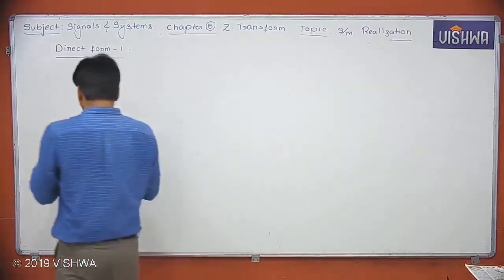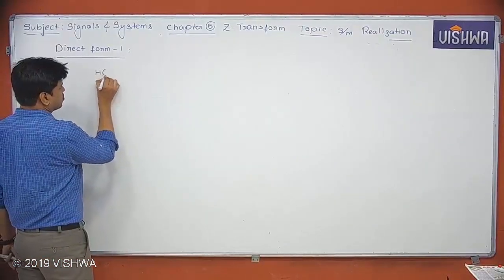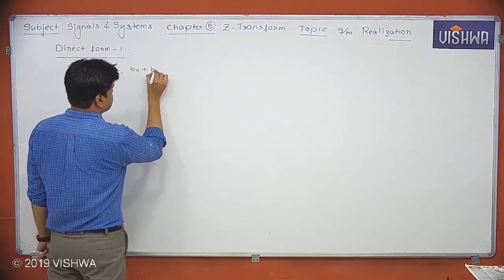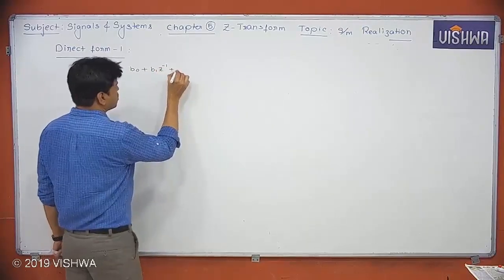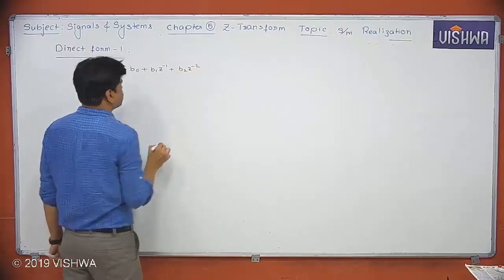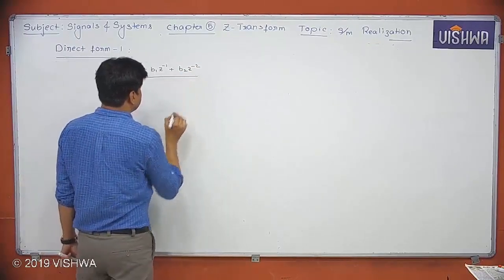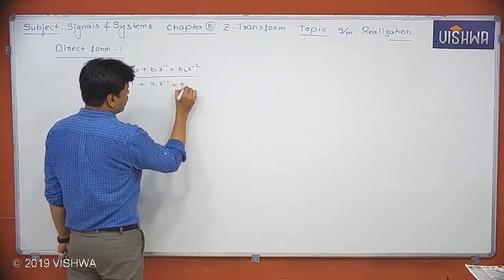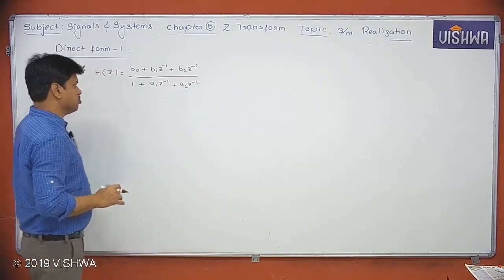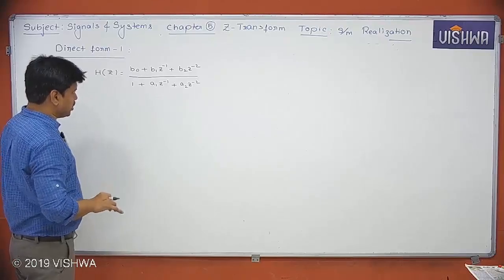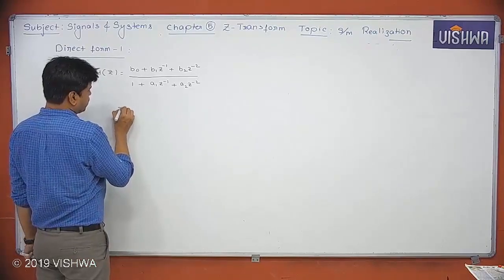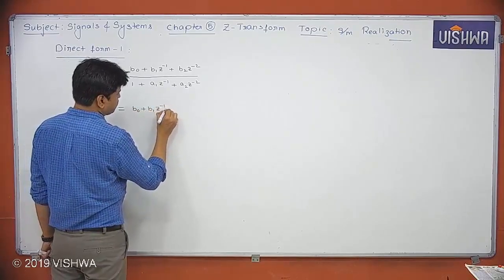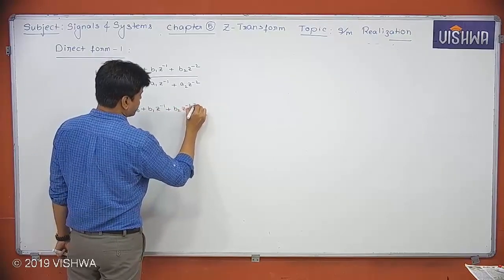Okay. So direct form one, how can we say? Let's say a transfer function is given like this, h of z, which is b0 plus b1 z inverse plus b2 z power minus 2.